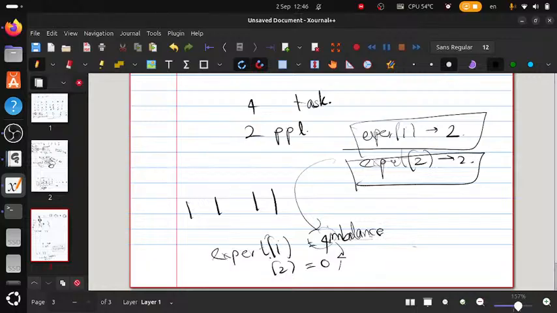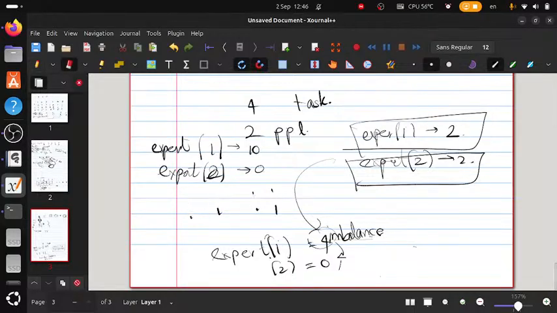Now let's say that expert of 1 is 10 tasks, right? And expert of 2 has 0 tasks. So we are supposed to solve the same balance. Now we're supposed to solve this.